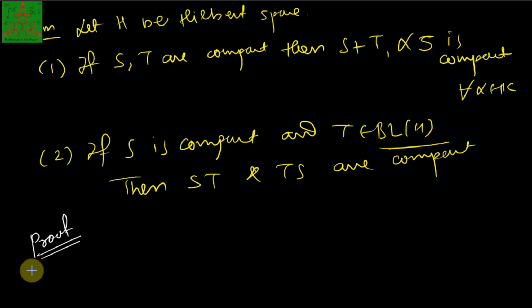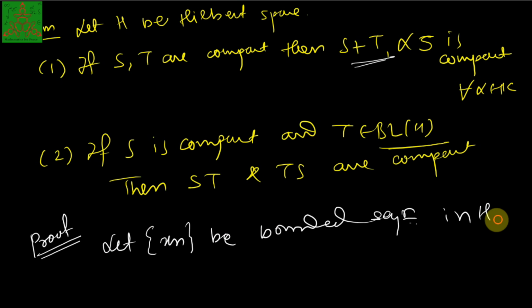Prove this statement. If I want to prove that S plus T is compact, I have to start with a bounded sequence in H. So let x_n be a bounded sequence. S is compact and T is compact, given that.